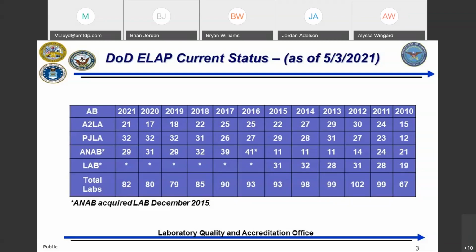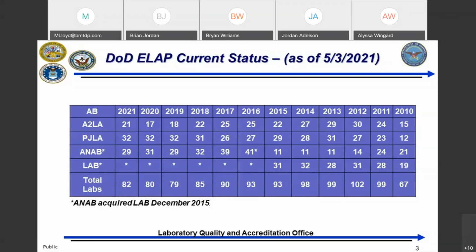But as we all know, laboratories have a choice as to who they can go to as far as their accrediting bodies based on price, service, et cetera. So I'm excited to see that we are holding steady. And for those of you that may be a little bit newer to the DoD ELAP, before the inception of DoD ELAP in 2009, there were only 44 laboratories in the program.